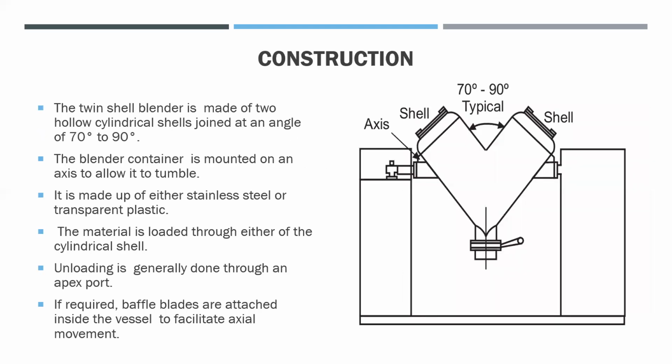Next, construction of this twin shell blender. It is made of hollow cylindrical shells. There are two shells, which is why it is called a twin shell blender.